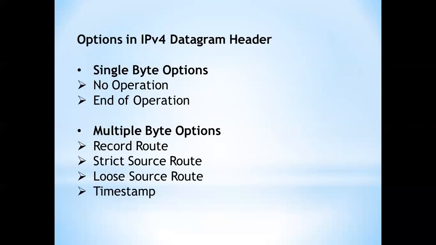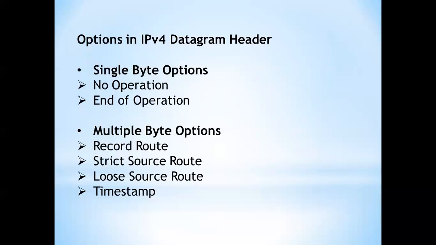For class B, it is 172.16.0.0 through 172.31.255.255, and for class C, 192.168.0.0 through 192.168.255.255. These are unregistered addresses, and we can use them for building our private networks.